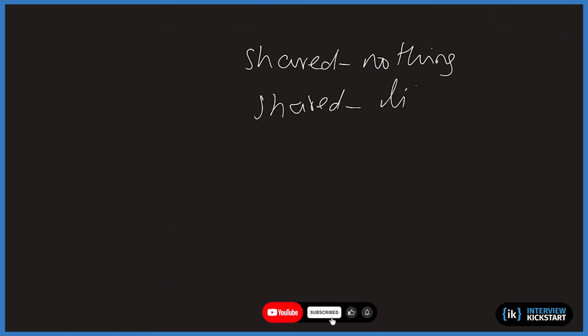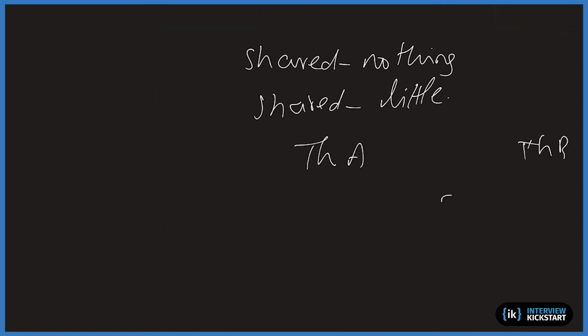So to summarize, we are talking about the shared nothing model, which is an extreme, but you may have shared little. What is shared little? You may be forced so that thread A and thread B have to share some information, some state. Keep it minimum.